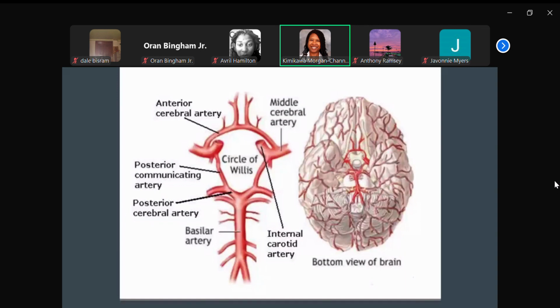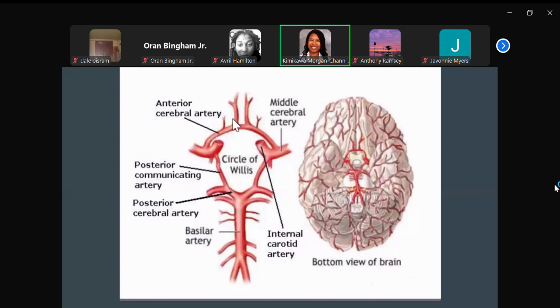I'm not going to go into stroke syndromes, but basically an anterior cerebral artery stroke has a specific presentation. They tend to be unconscious, very poorly responsive.